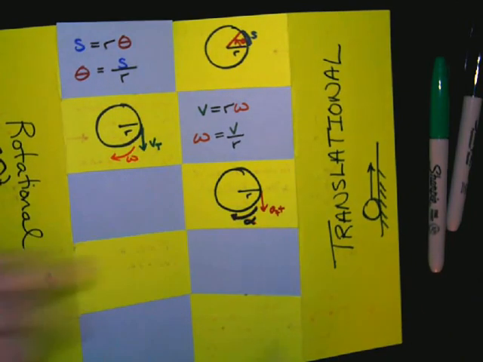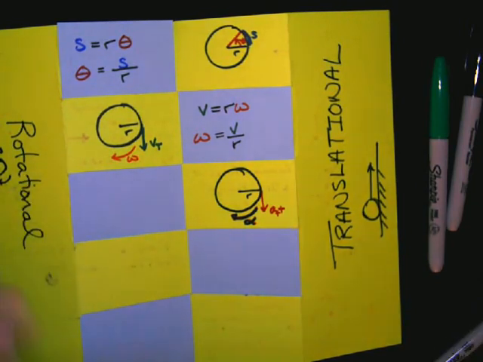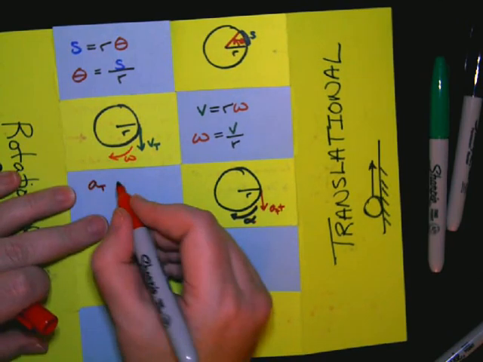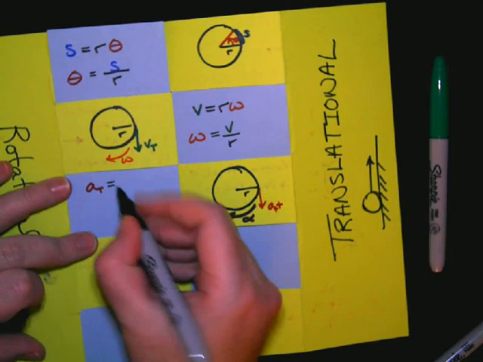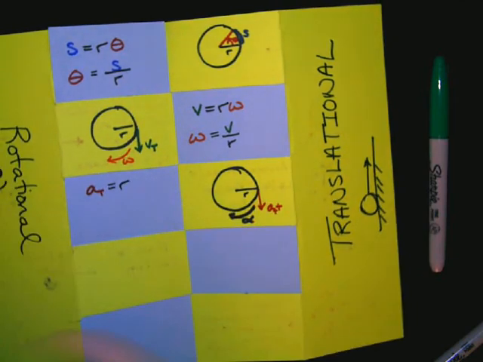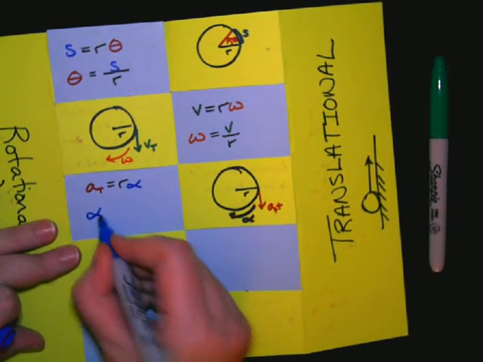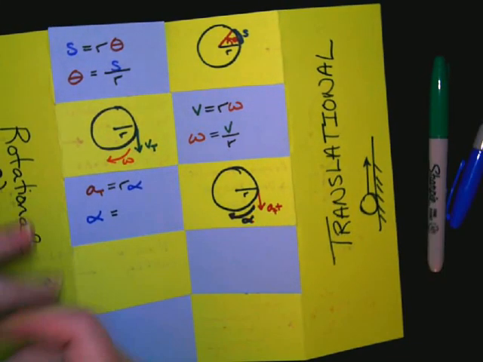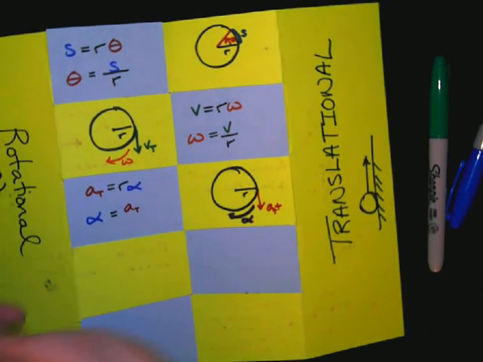Okay, so at this point we have our a sub t is equal to r alpha, or alpha is equal to a tangential over r.